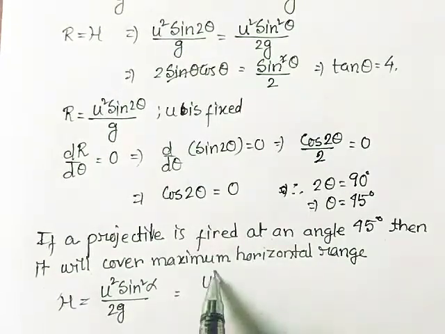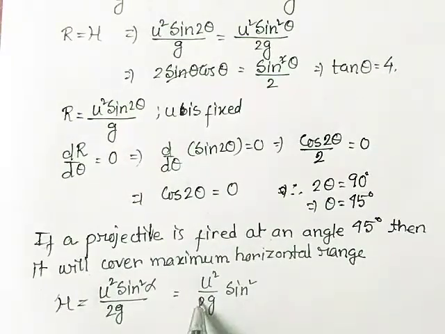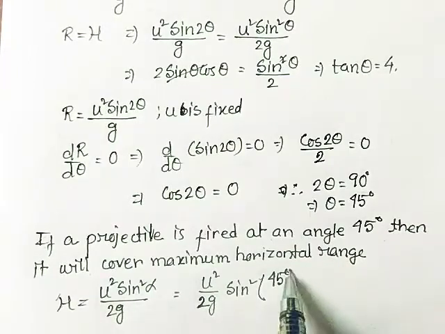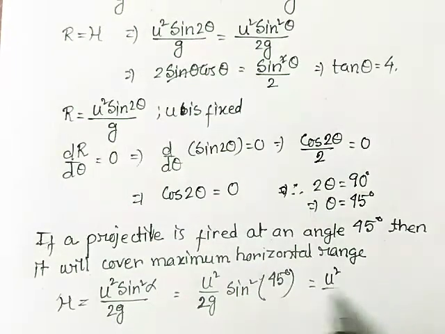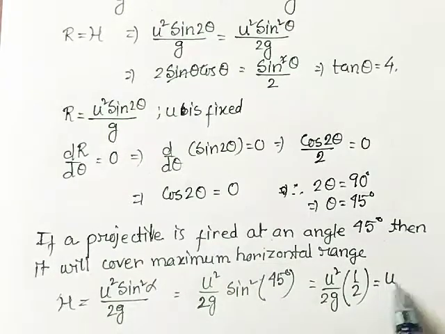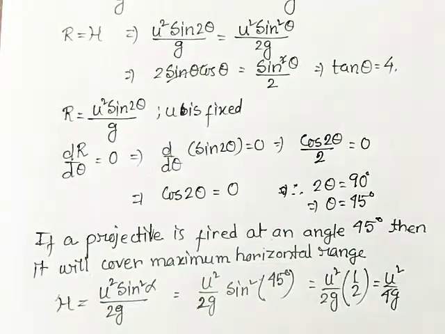So it will be u square divided by 2g into sine square 45 degrees. Okay, sine square 45 degrees is 1 by 2. So it will become u square divided by 2g into 1 by 2, so it will become u square by 4g. Now just think of it. Is it the maximum value of height?